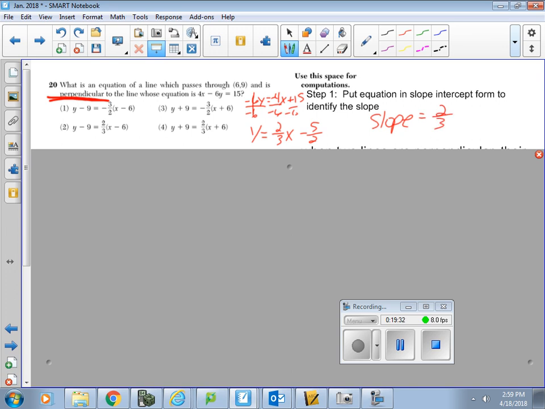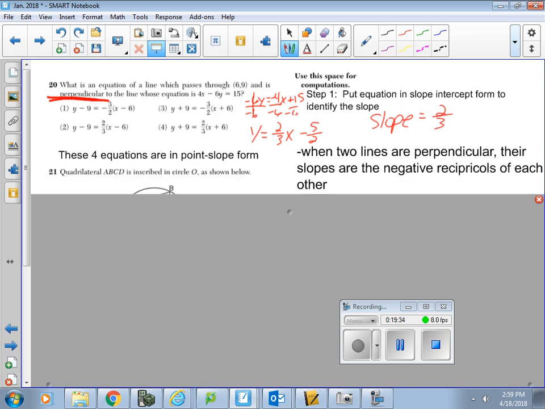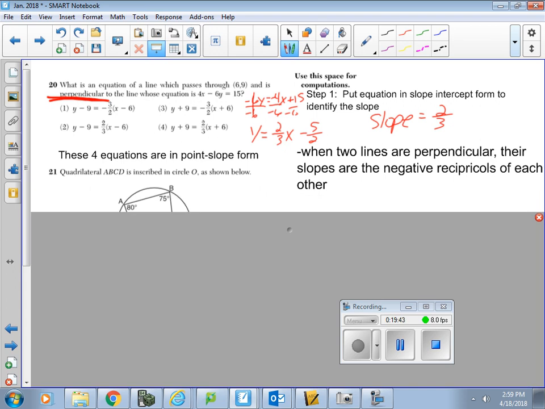Now, the thing is, if you're looking for a line that's perpendicular, the slope has to be the negative reciprocal. So what is the negative reciprocal of 2/3? Well, it's negative 3 over 2. That's the negative reciprocal. So any line that's perpendicular to this line right here has got to have a slope of negative 3 over 2.